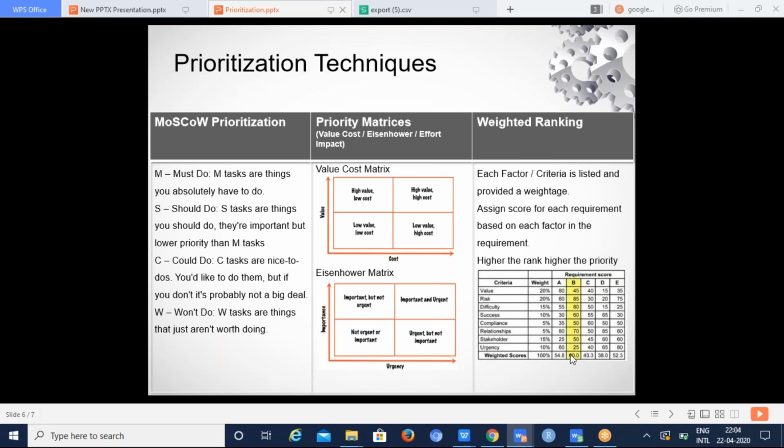As far as the negotiation in terms of cost, that is fine. But as far as the prioritization, most of the time it is not going to be high value.